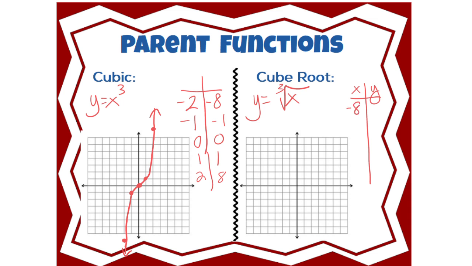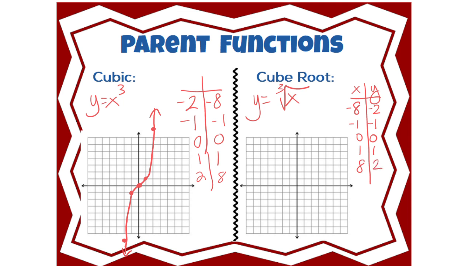The cube root of a -8, you can cube root a negative, is -2. Then I'd probably put in a -1 is the next nice one, and I'm going to get a -1. 0, 0. And then if I put in a 1 and cube root it, it's a 1. And then I'm going to jump to an 8 and cube root it.